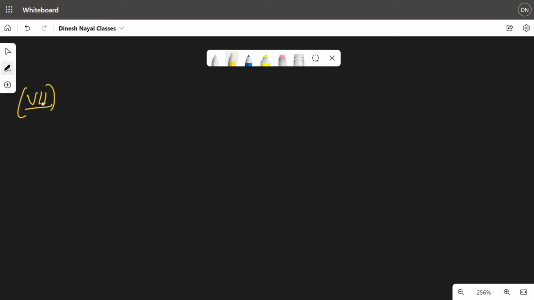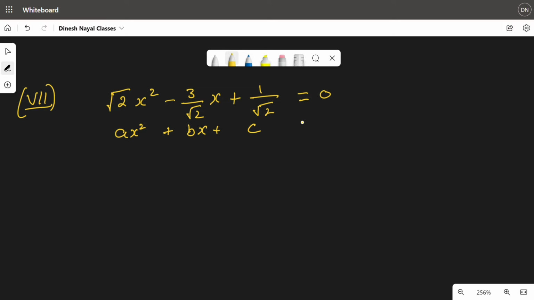So this is root 2x square minus 3 by root 2x plus 1 by root 2 equals 0. Now see, we can directly compare it with ax square plus bx plus c equals 0. So what is a? A is root 2. B is minus 3 by root 2. And c is 1 by root 2.